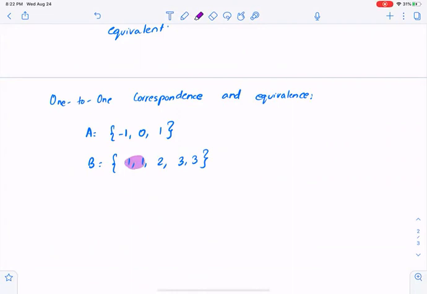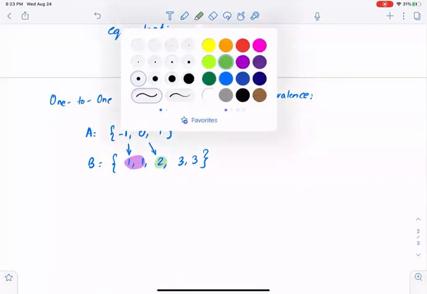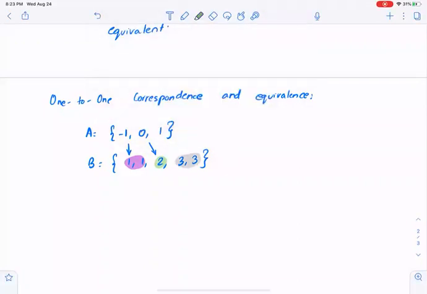So I can map -1 to 1, map 2 to 0, map the 3s to 1.